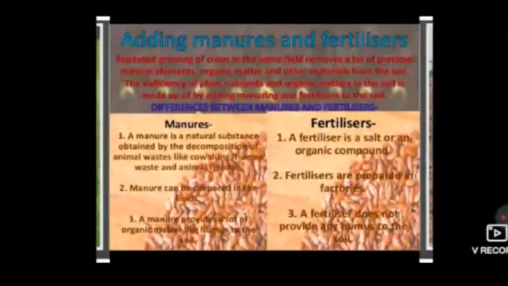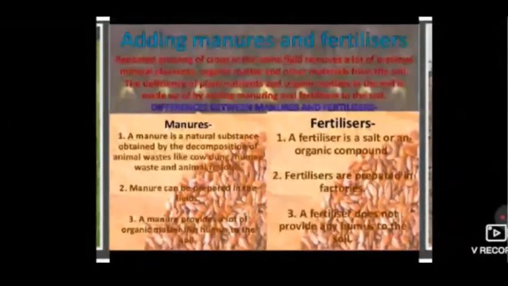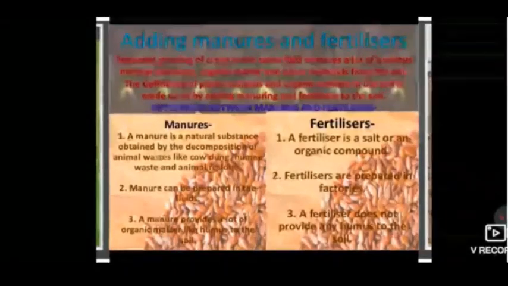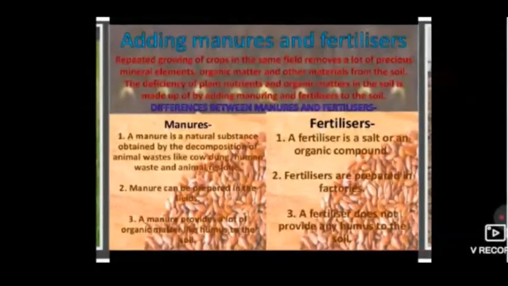First we see manure. Manure is mainly decomposed animal dung and plant material. It contains a large amount of fiber and it increases the water holding capacity of the soil.